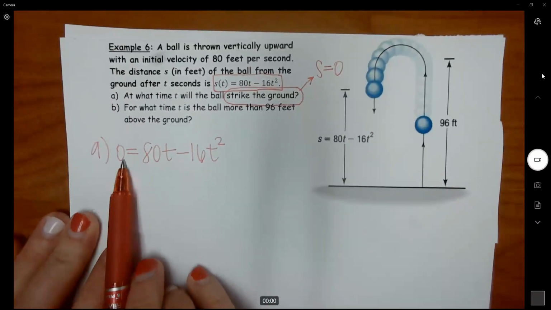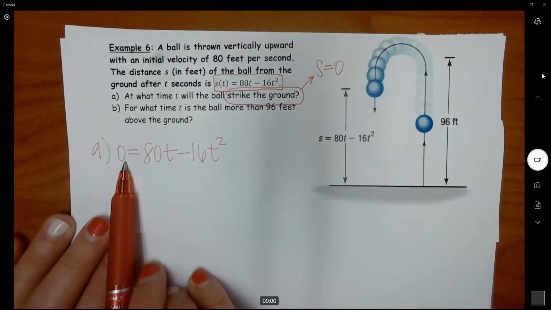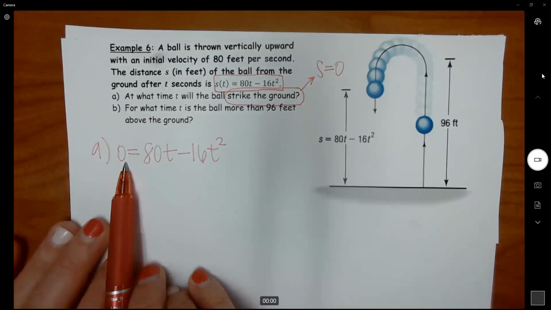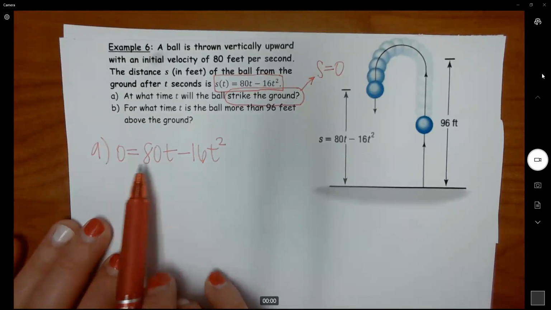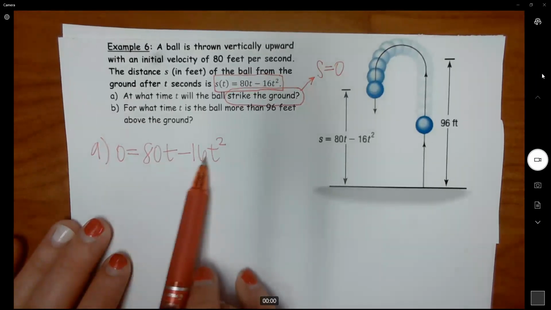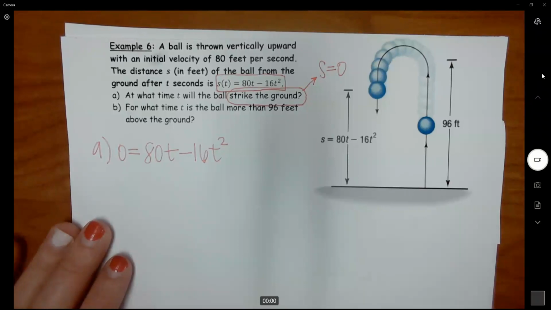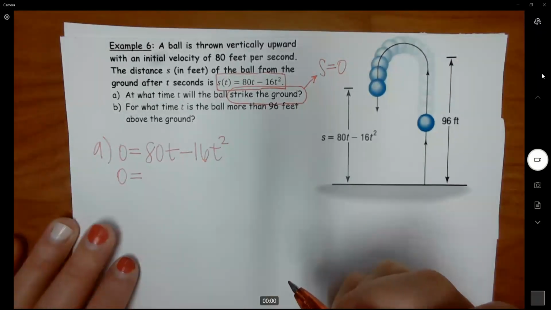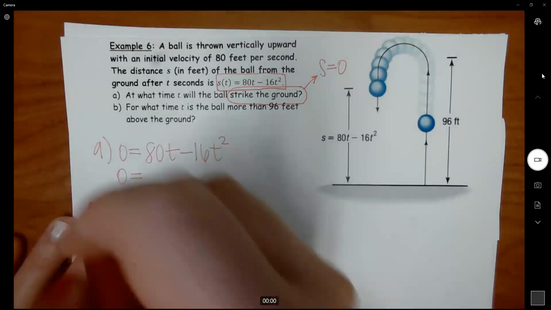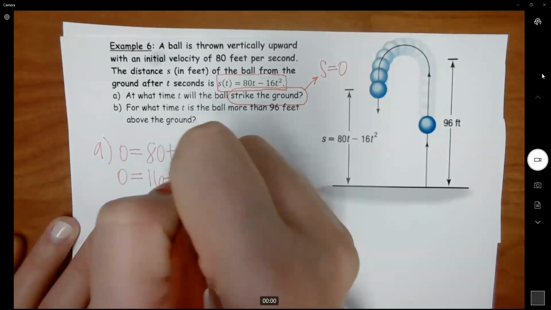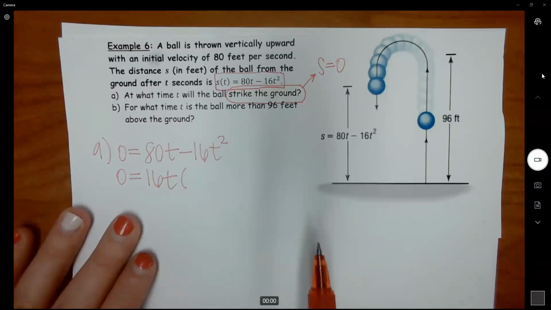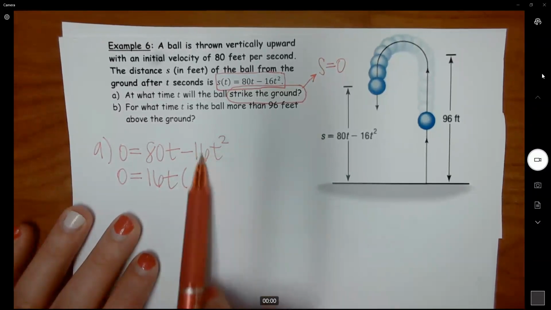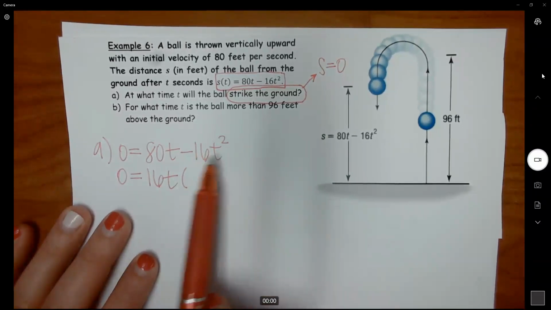So it's in standard form because it equals 0. So look for a GCF. Is there anything I can divide into 80t and a negative 16t? Hopefully you tried out 16, because 16t is my GCF. Now, I have said previously that you always want the squared term to be positive.